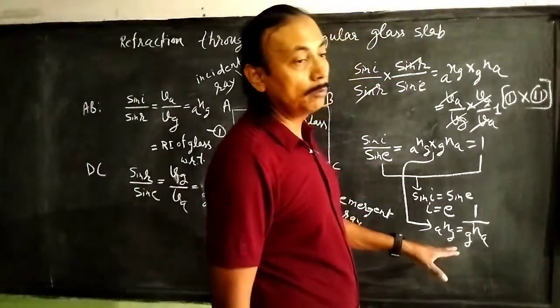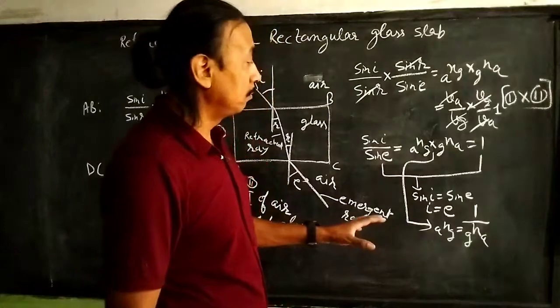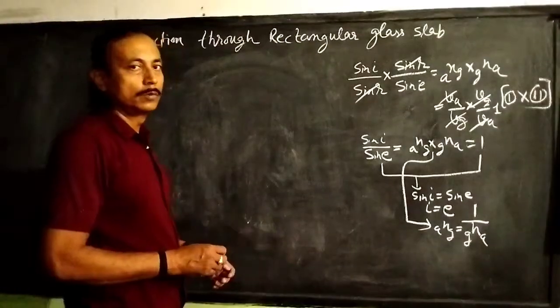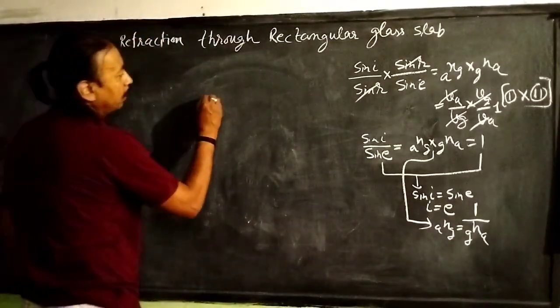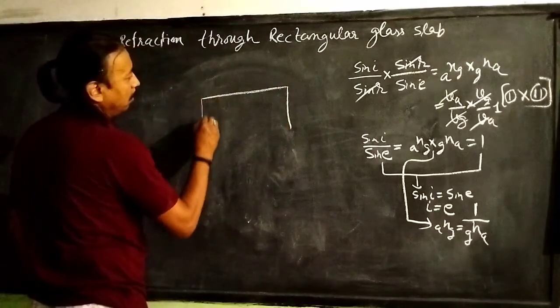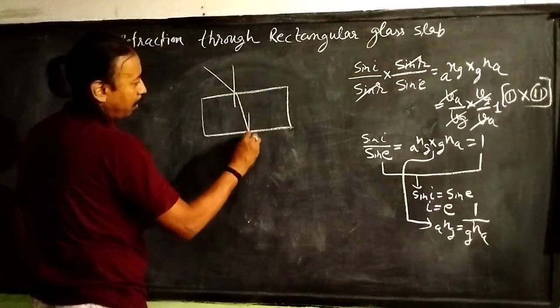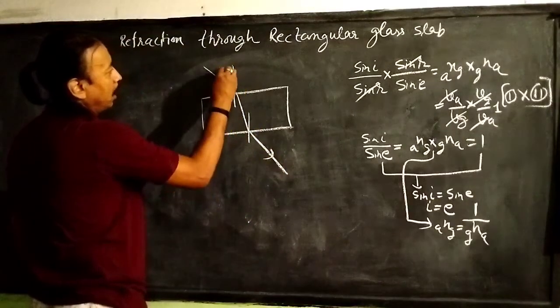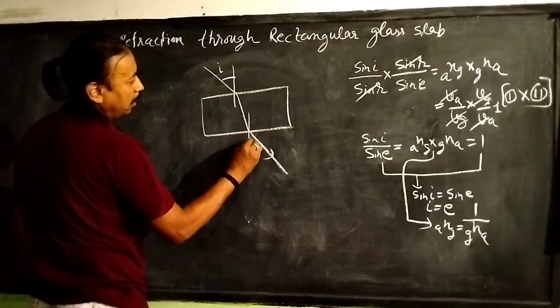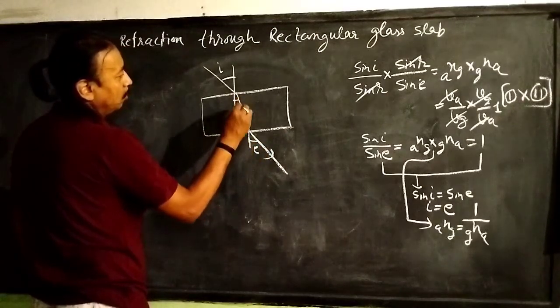This follows from the reversibility of the path of a light ray. So for a rectangular glass slab, this is I, this is E, both are R.